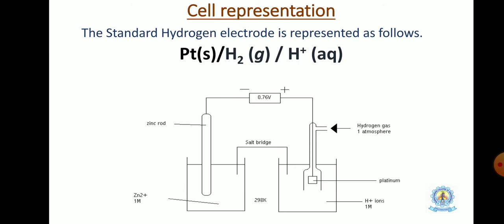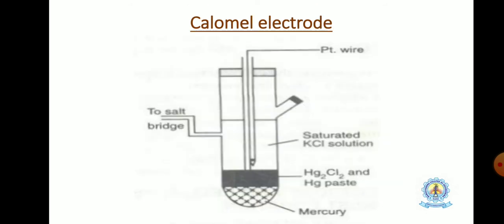The next important reference electrode is the calomel electrode. Generally after the hydrogen electrode, the second preference is given to the calomel electrode. Coming to its construction, it contains a U-shaped glass tube. First you take a U-shaped glass tube and its bottom is filled with mercury, and the mercury is covered with a paste of mercurous chloride and mercury.